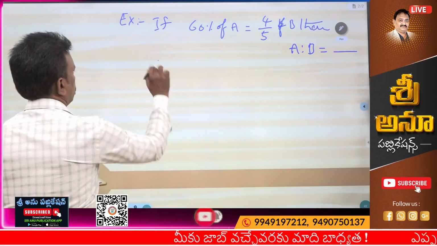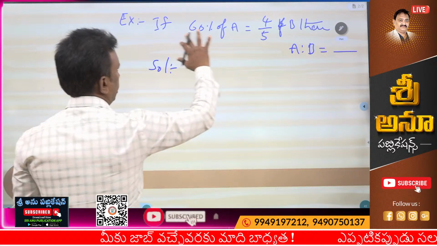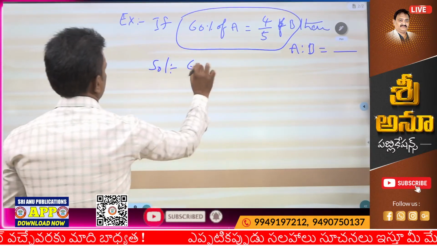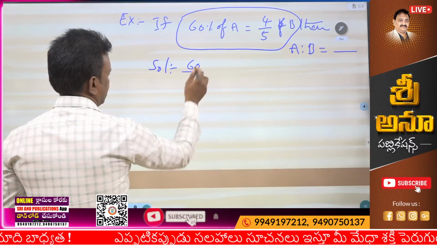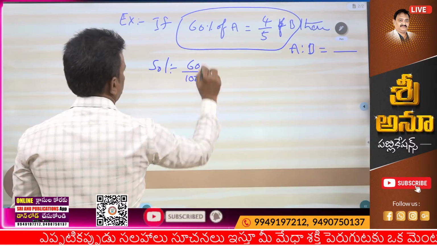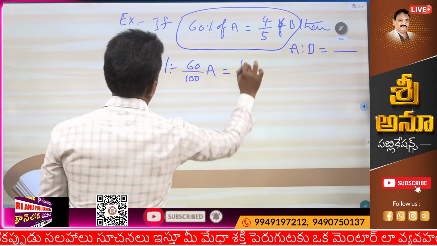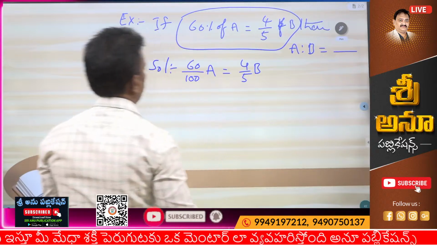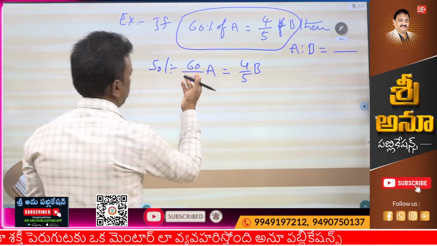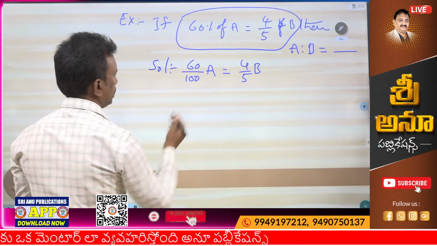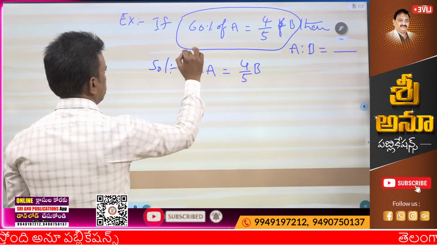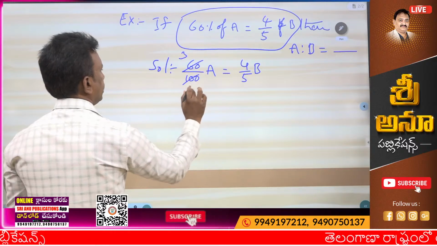Okay. So first just write the given equation. What is our given condition? Try to understand. 60%. So 60 by 100 of A, equal to 4 by 5 of B. Okay. So cancellations. I think the highest common factor is 10 table or 20 table also. 2 3s are 6 and 2 5s are 10.